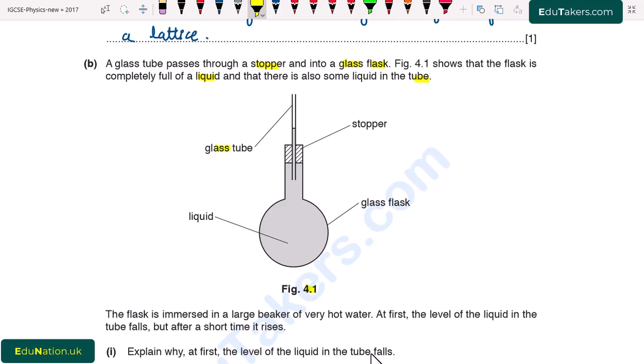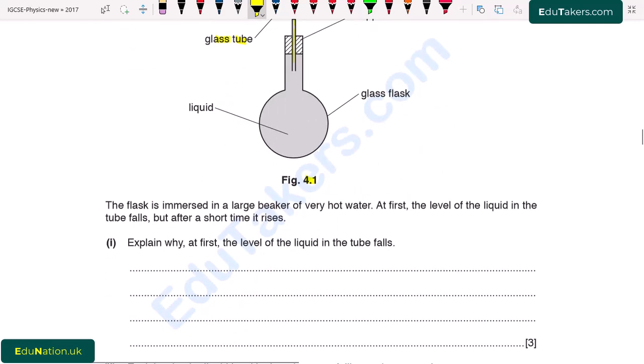And there is a glass tube that passes through the stopper and also into the glass flask. There is also some liquid in this glass tube. The flask is immersed in a large beaker of hot water. So we have placed this flask into a beaker that contains very hot water. At first, the level of the liquid in the tube falls, but after a short time it rises.